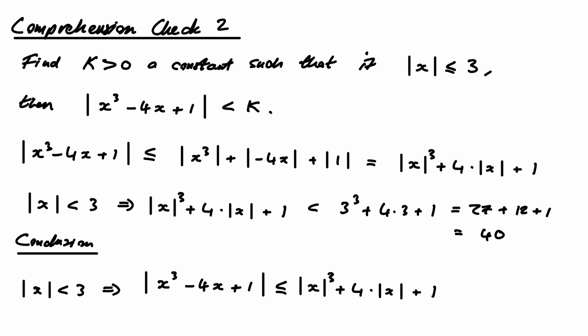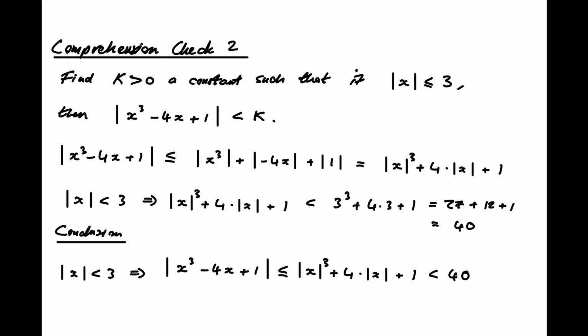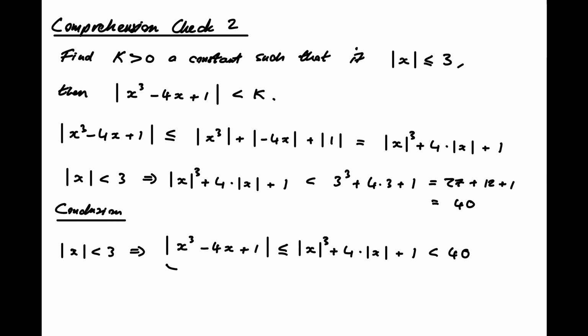That's the triangle inequality. But now this is strictly less than 40. And putting all this together, well, now I've got my transitive property, if you want. If A is less than or equal to B and B is less than C, A has to be less than C. So this tells me this must hold.